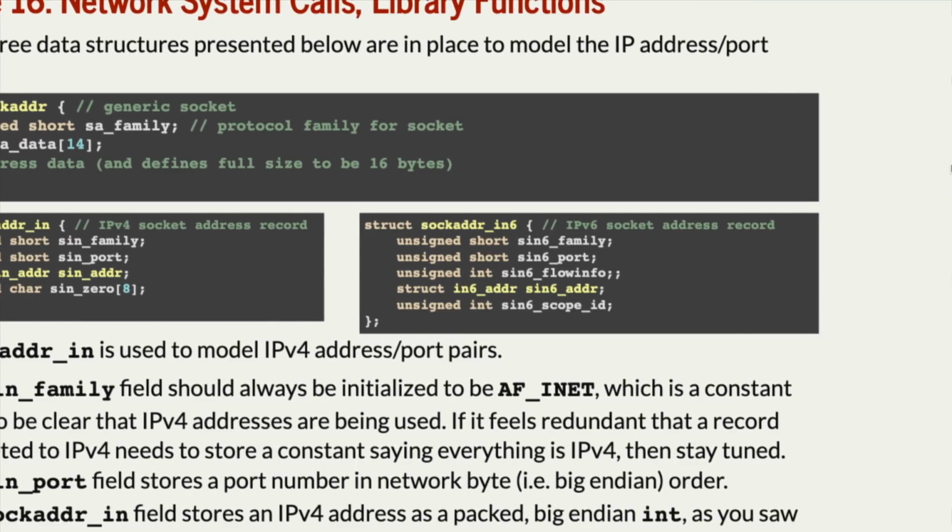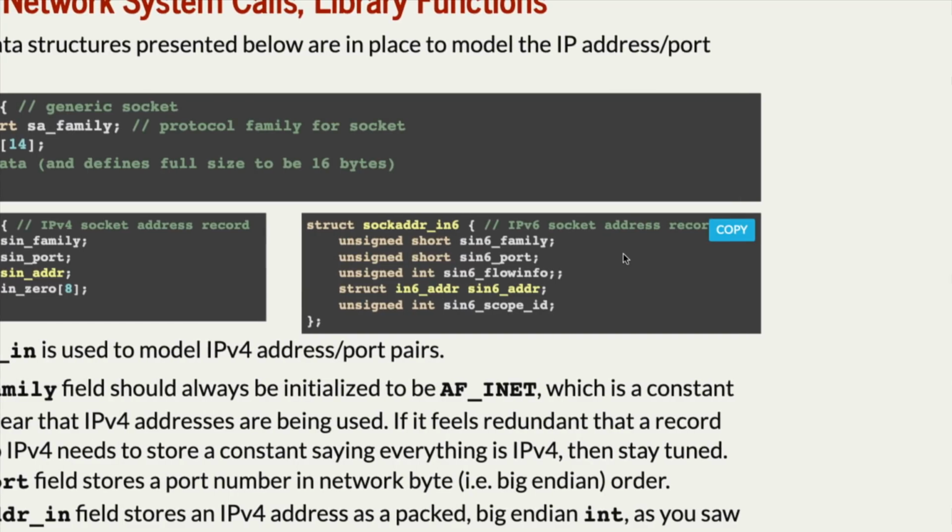Let's look at the internet version 6 version. Well, it also has the first 2 bytes as the family. Then it's got 2 bytes as the port. Remember, ports are only 2 bytes, whether you're using IP version 6 or 4. And then it's got a struct in6_addr, that's going to be sin6_addr.